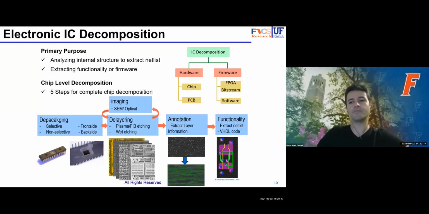Okay, so, and I'll show you some examples, if we have an image where the delayering has been done not perfectly, and you have some residues left, or some silicon left, through the algorithms it's going to come out as a defect, right? Whereas if a human looked at it, he would say, okay, this is the silicon, so I know there's a trace going from here to here, and I can even see that under my SEM image.